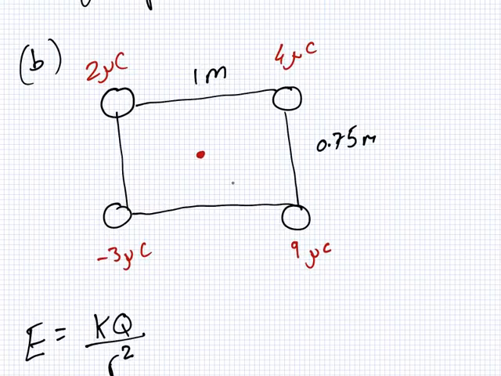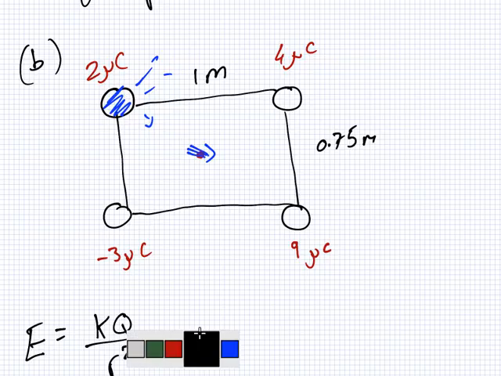Watch carefully. So the field at the 2, is the field going in or is it coming out? Out. Very good. So in blue, there's a field coming out from the positive. How strong is that field? Well, I can just use this formula.